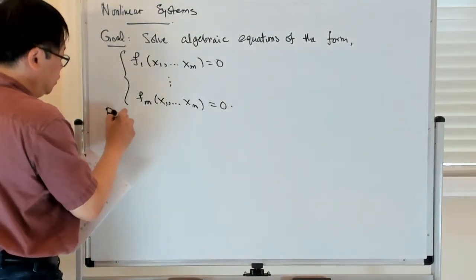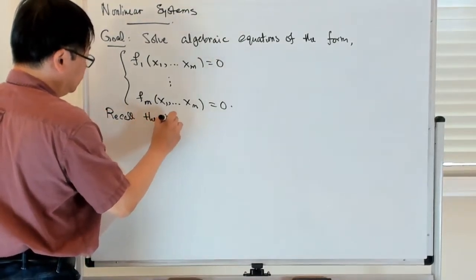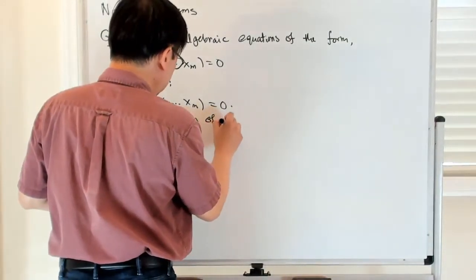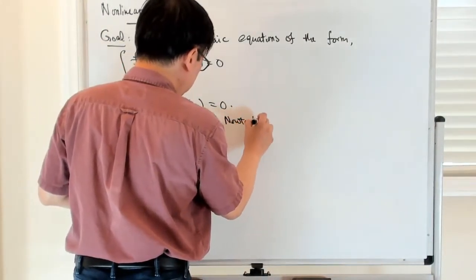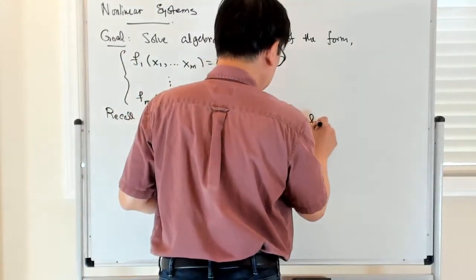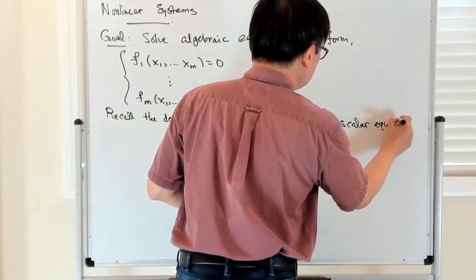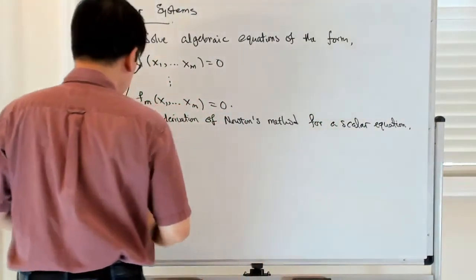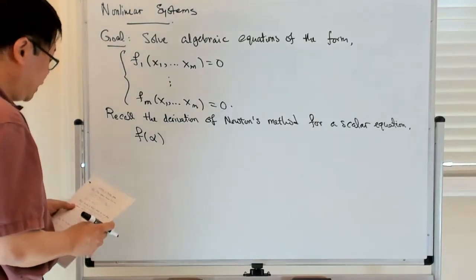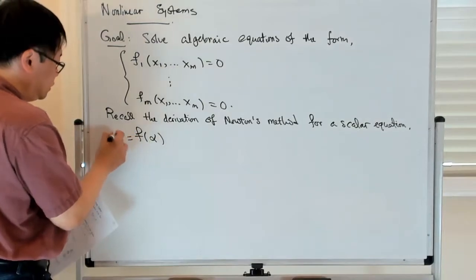So recall the derivation of Newton's method for a scalar equation. We look at the function value at alpha, but expand it around another point, and this is equal to 0.